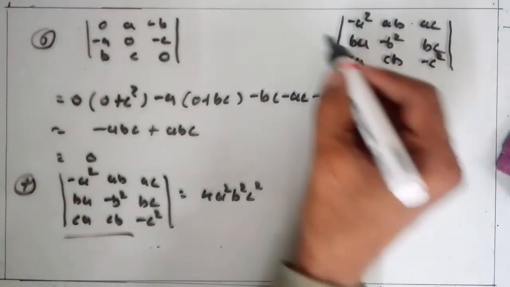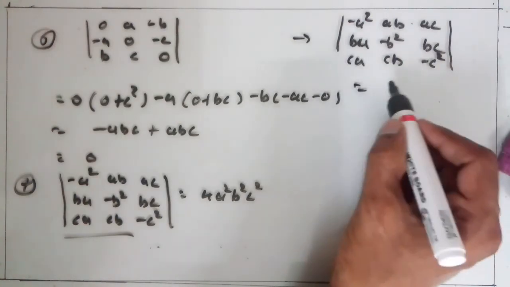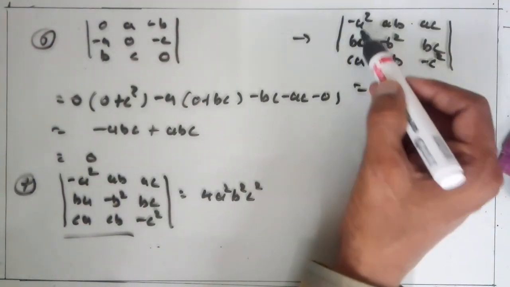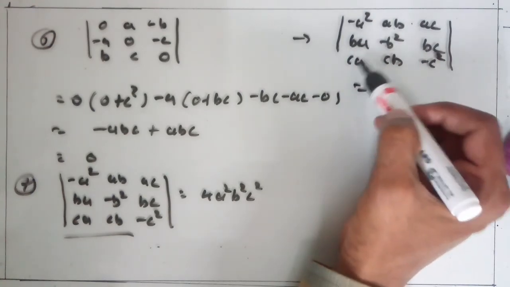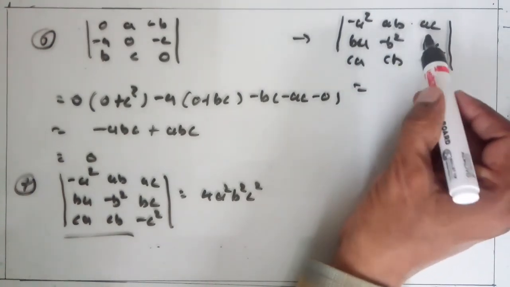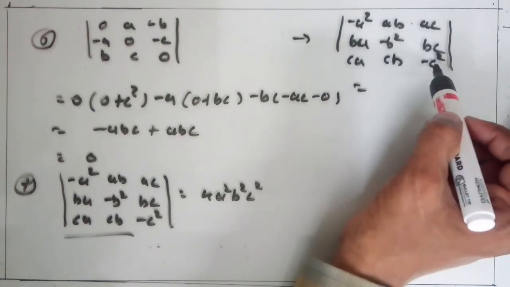Clear? We want to show that it is equal to 4 x square, b square, c square.